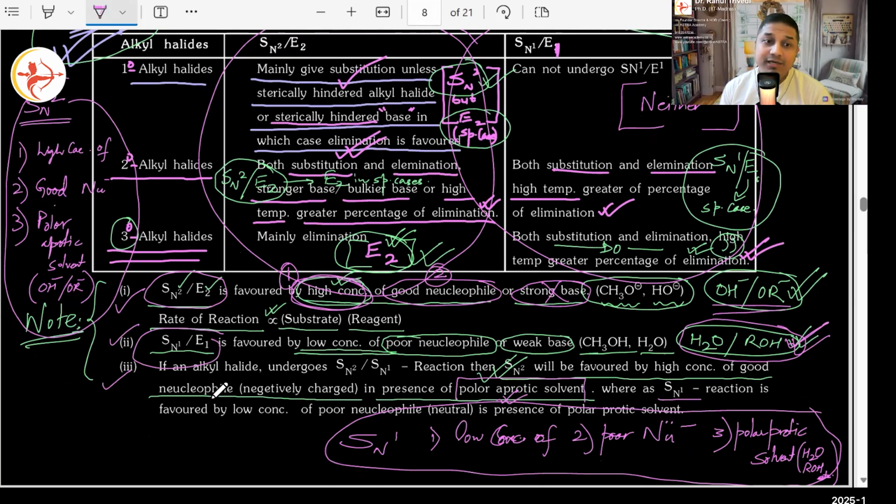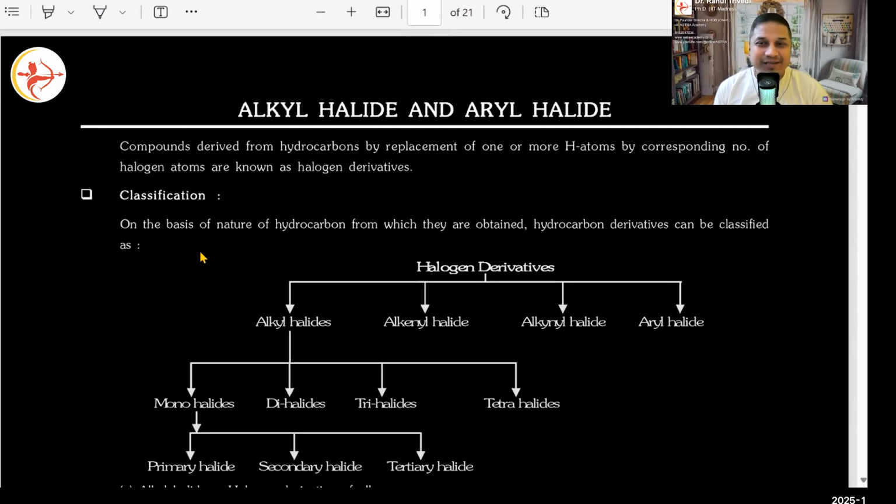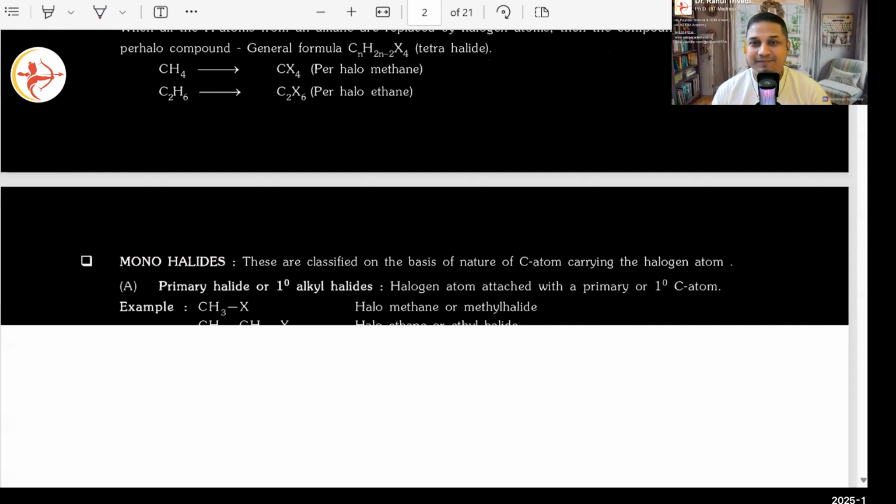But point number 1 and 2 don't tell you when SN2 will happen, when E2 will happen. For that, we need to know what type of alkyl halide is present. So individually they are discussed in this table. Yes, now it has become too much. Let me refresh it. I hope you'll be able to see it much more clearly now.